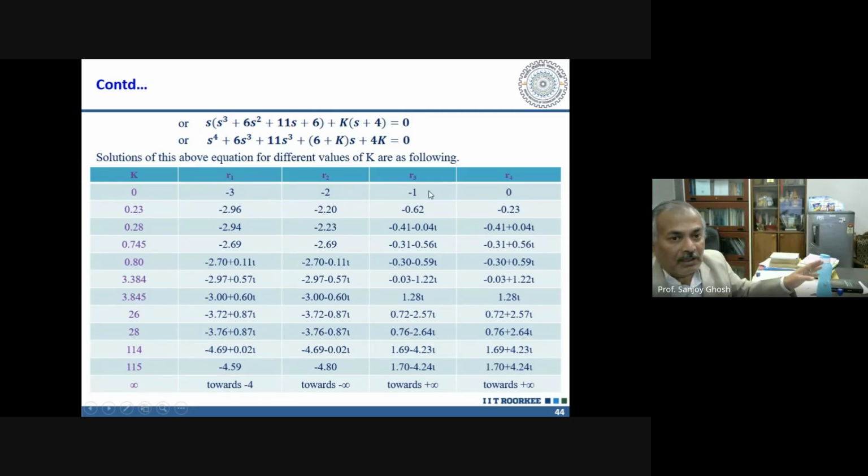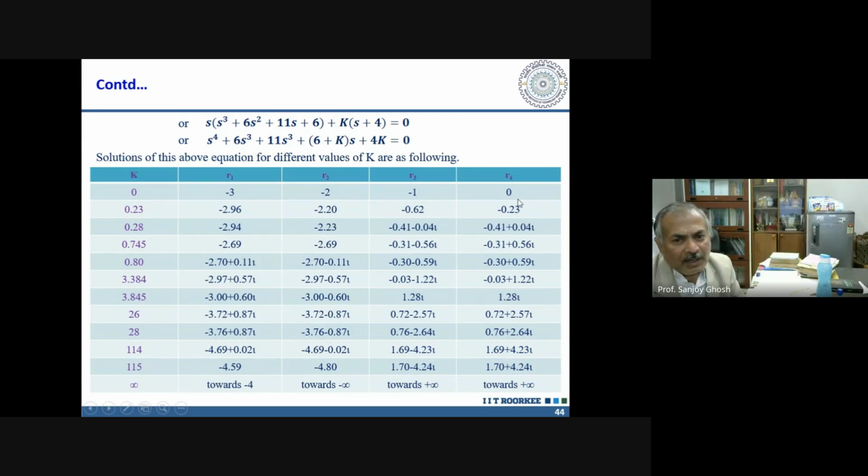Then R3 and R4 you look at. Here is the problem. For R3, you see, up to the K value of 3.384 it is giving negative. But the moment it changes by just a small amount, 3.38 to 3.84, then you see positive. That means it is going to the right hand side of the origin plane.